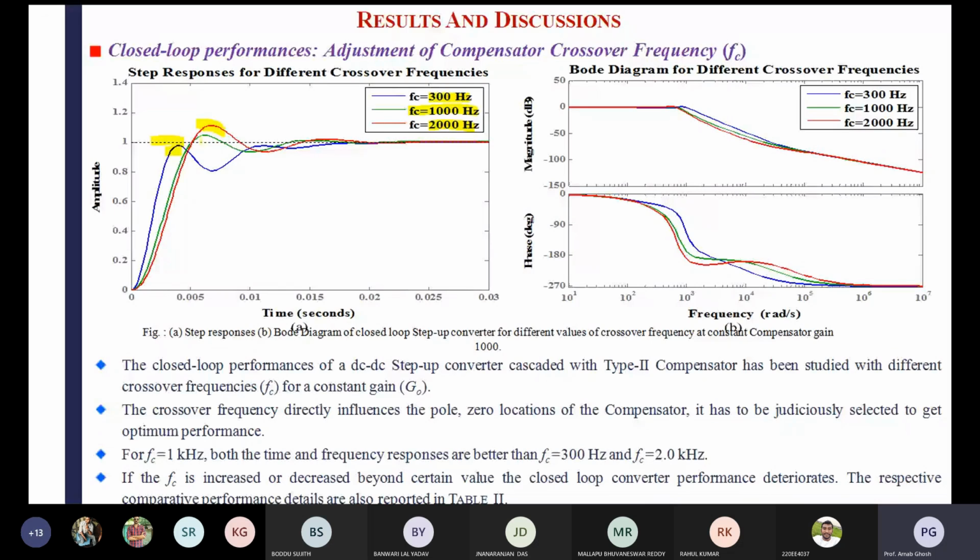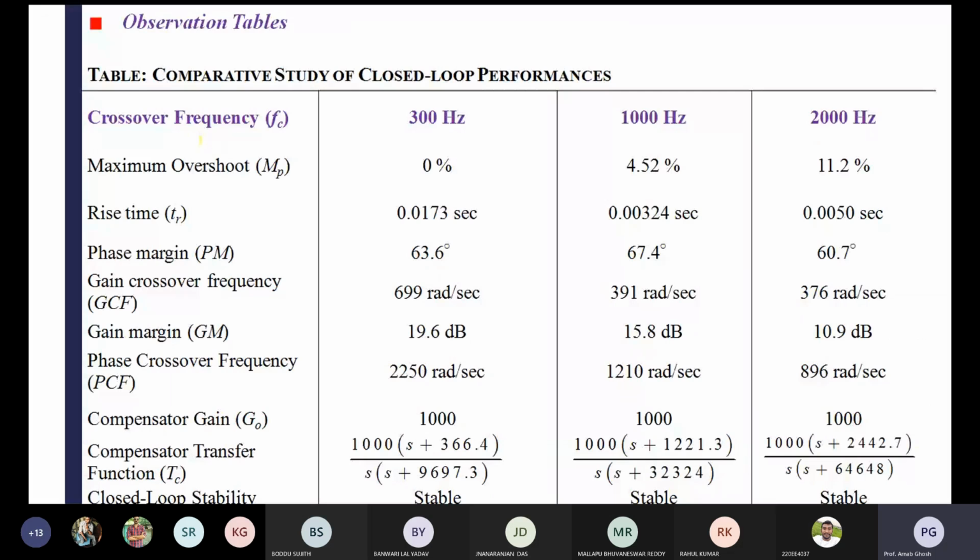Here you can see the percentage overshoot: for 300 hertz, no overshoot is there. For 1000 hertz, 4.52%. For 2000 hertz, it is 11.2%. So increasing the crossover frequency may increase your overshoot percent. Also the rise time is low over here, but here the rise time is quite more.